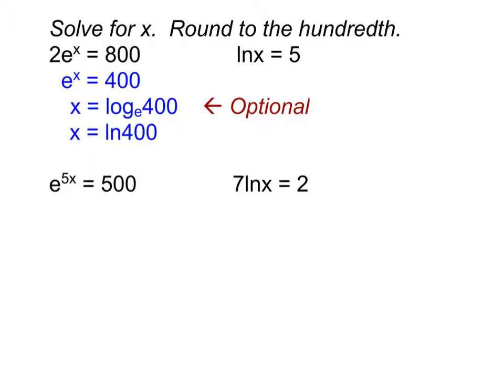So now that we've got this into our notes, we're going to go and use it again. If I go back to that problem that I wrote earlier, I wrote it as x equals log base e of 400. Well, I don't even actually have to write that line. Once you get used to doing this particular switch, you're going to be able to go straight to this: x equals ln 400. Now, the first few you do at least, you're probably going to find it easiest to actually write the log base e and then turn log base e into ln.